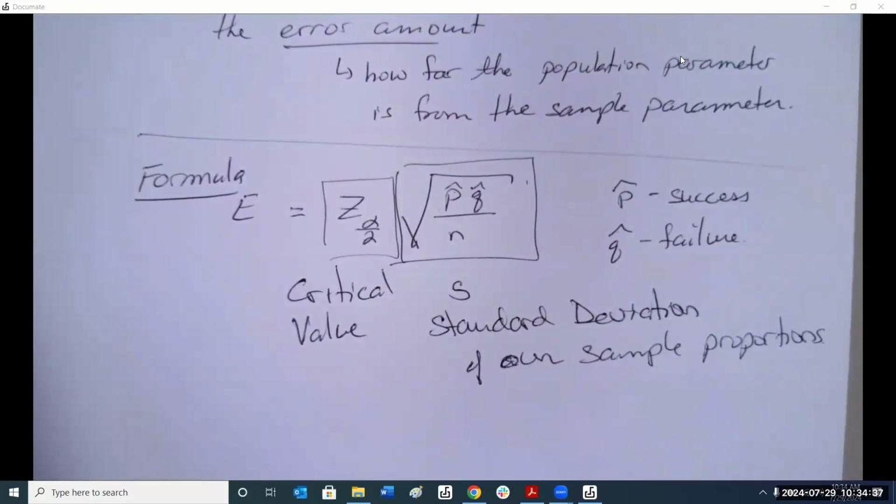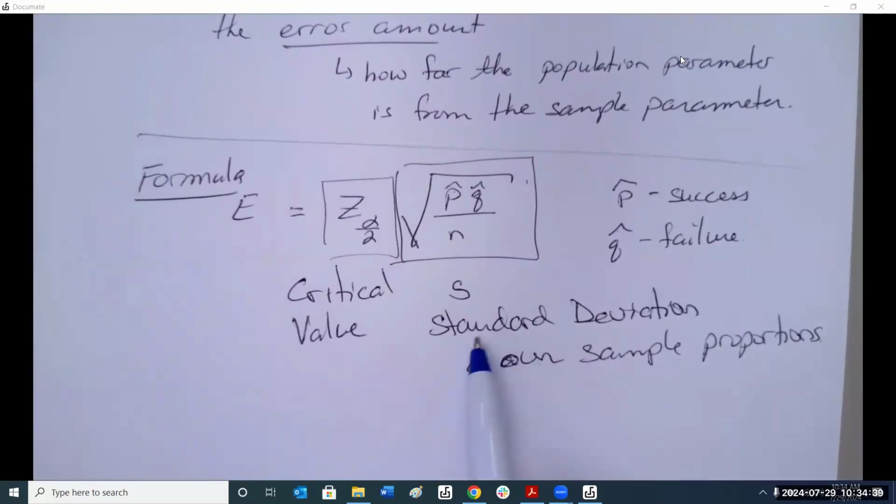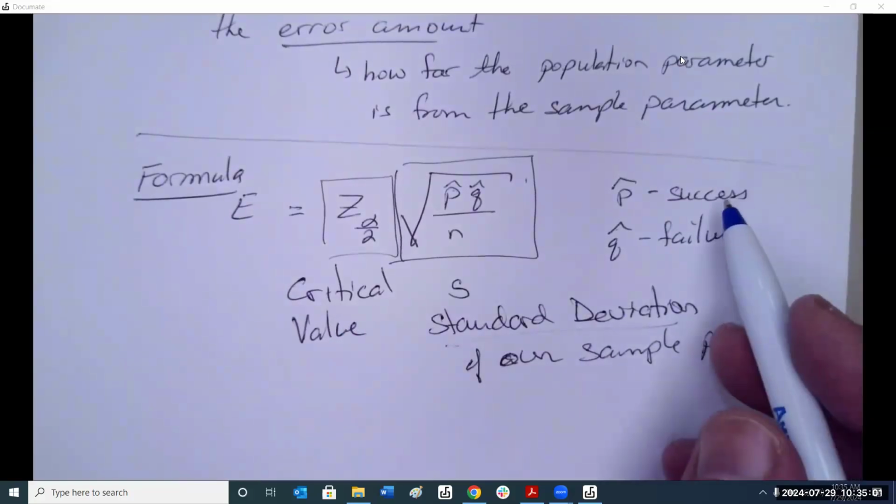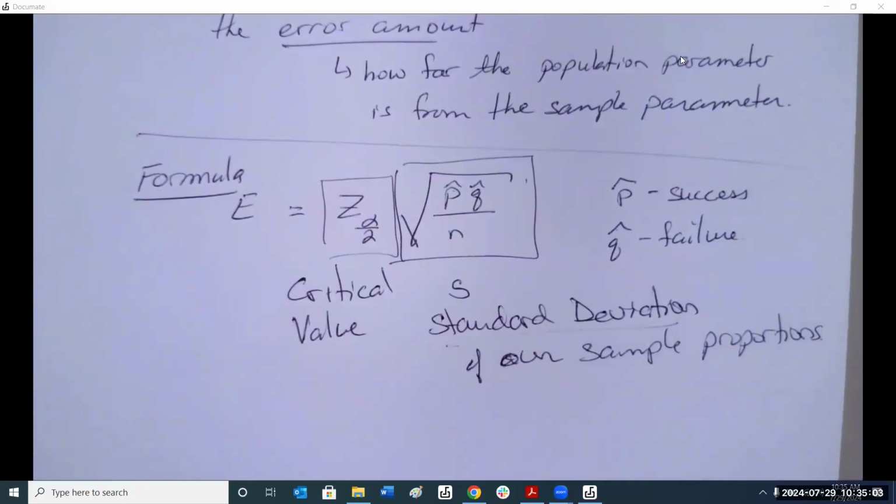Critical value tells us our endpoints. Now, how far is it from there? So give or take this amount.